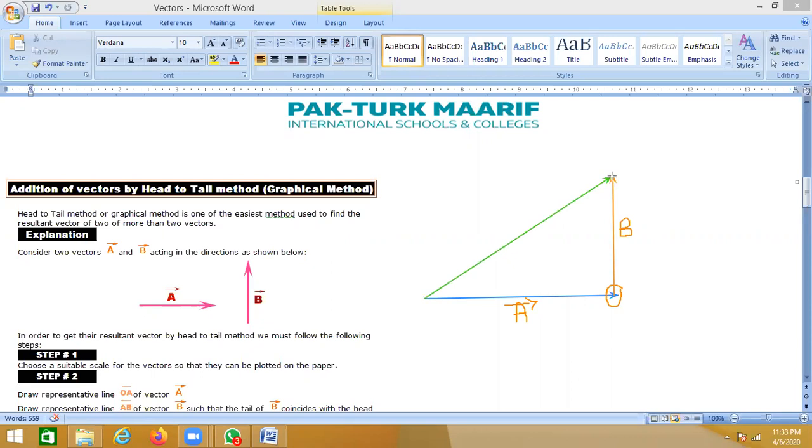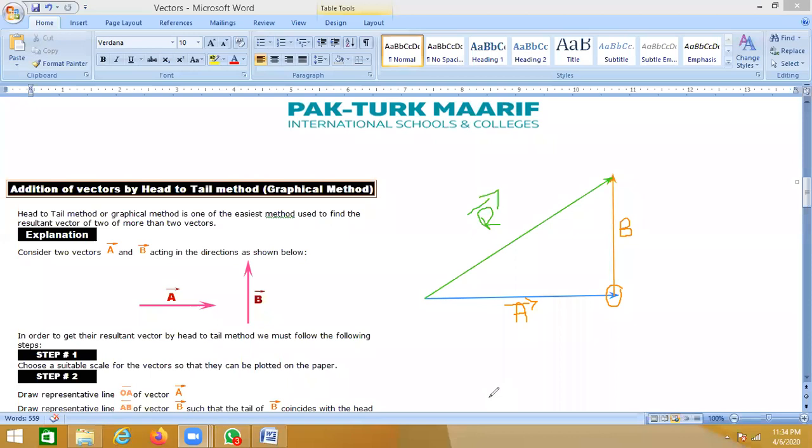In this case, the last vector is vector B, so the head is connected with the head of this last vector, and the tail is connected with the tail of the first vector. So you can also see here the tail is connected with the tail of the first vector, which is vector A, right? So this is the resultant vector.